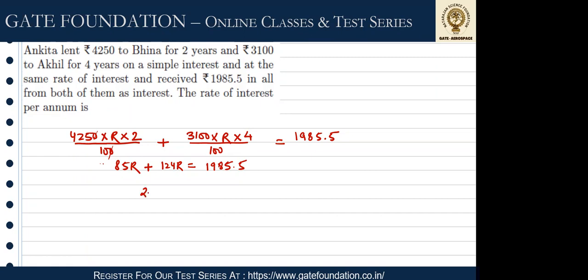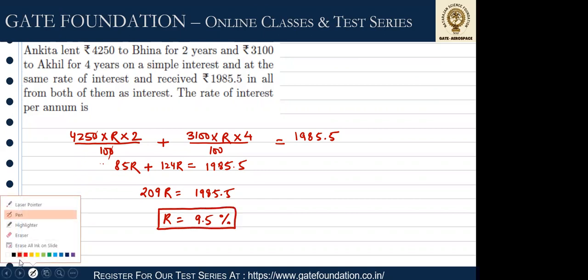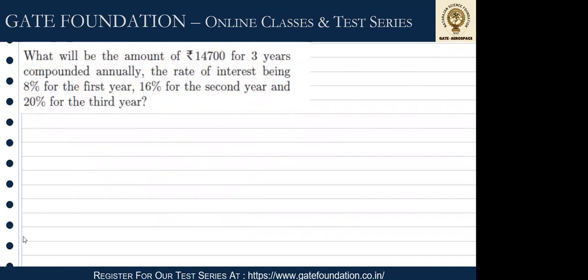It becomes 209 R is equals to 1985.5, or R becomes 1985.5 divided by 209, which will be equal to 9.5%. So that's the correct answer, 9.5%. It was simple one. Yes. Try to solve this one.